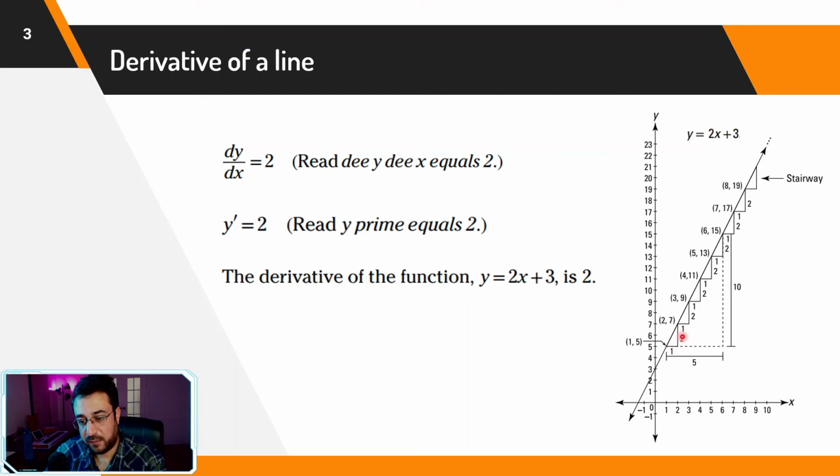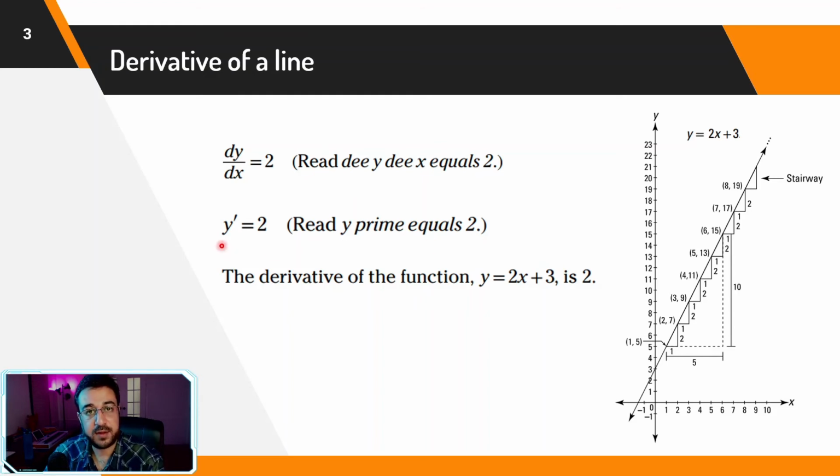We changed by 2, which is from 5 to 7. 7 minus 5, which is y2 minus y1, is 2. And from x1 to x2, that's 2 minus 1, which gives you 1. The rise over the run, 2 over 1, gives you 2. And that's the derivative of that slope at that exact point.